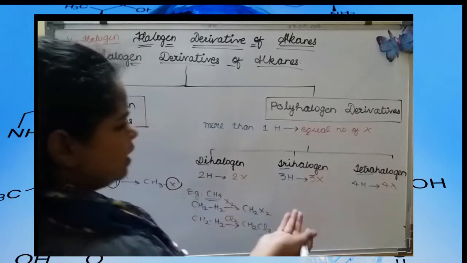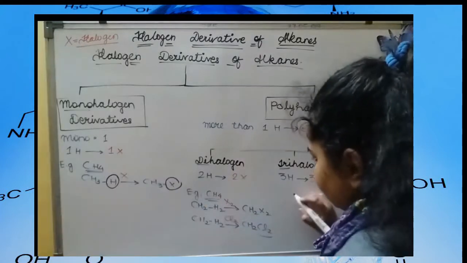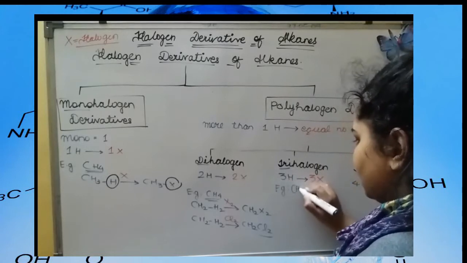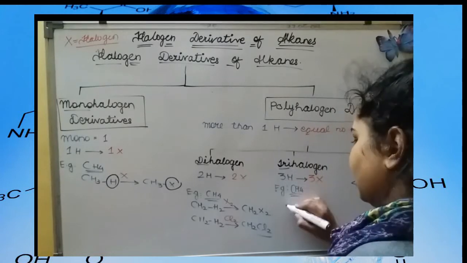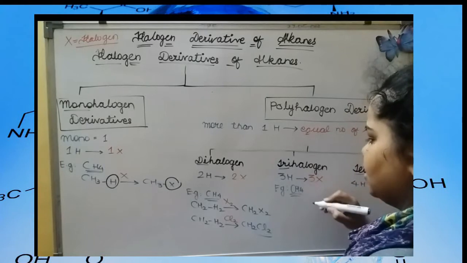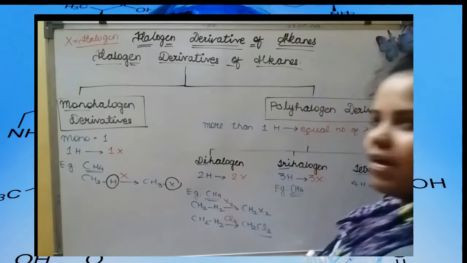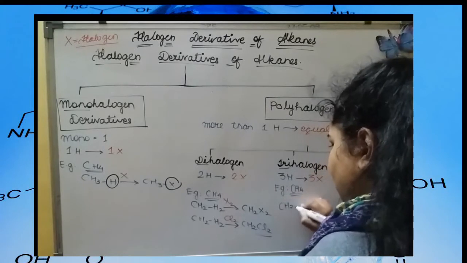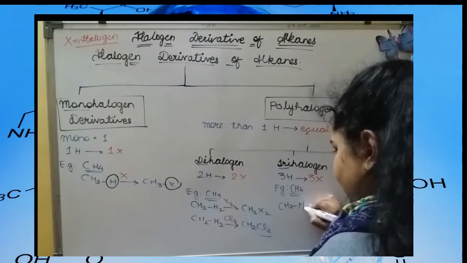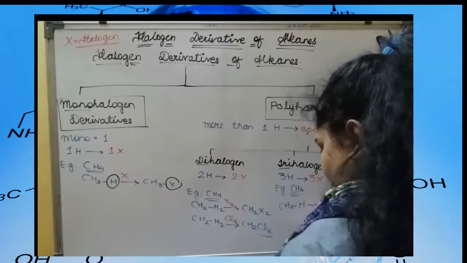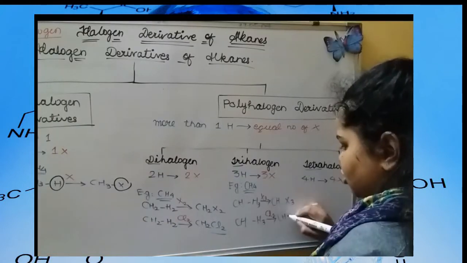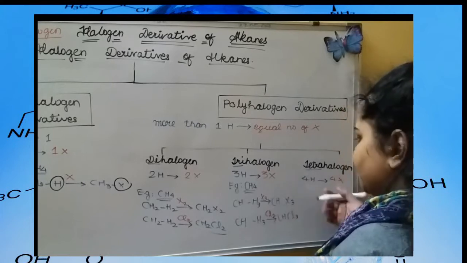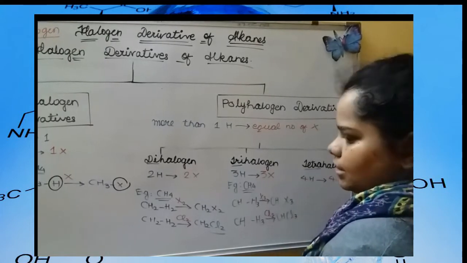The same goes for trihalogen and tetrahalogen. See the example, CH4 again. I am just going to write down the reaction. It is self-explanatory. CH3H, and CHCl3. Same goes for tetrahalogen derivative.